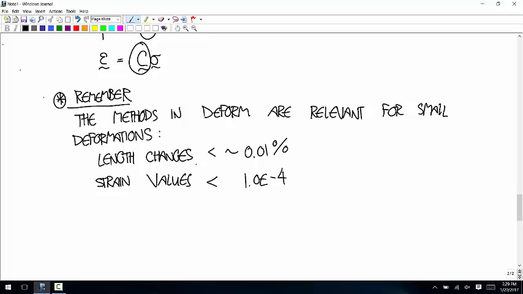Mathematically, you can do the math with anything, but for this to be physically meaningful, you have to have very small length changes due to deformation. My examples will often show deformations much bigger than those.